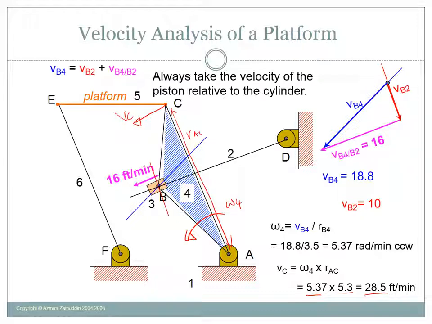So it's equivalent to 28.5 feet per minute at 20 degrees to the horizontal. So basically, this VC is the velocity of the platform. Even here also it will be the same, VE and so on. In this case the VC is the velocity.